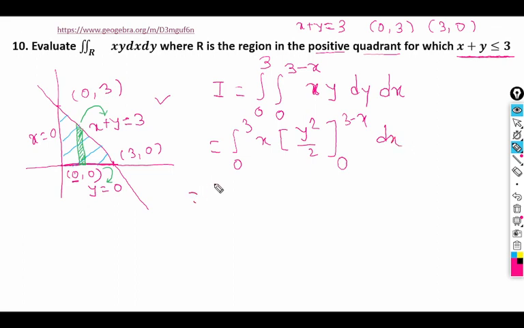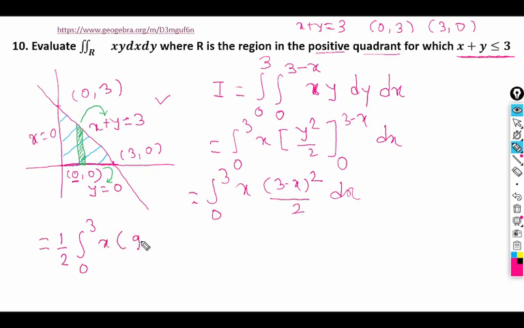So 0 to 3 as it is, x as it is, and this is (3 minus x) bracket square upon 2, and the lower limit, replacing y by 0, is 0 only. So 1 by 2 is a constant outside the integral. It's 0 to 3, x. Now I will square the bracket: 9 minus 6x plus x square, dx.